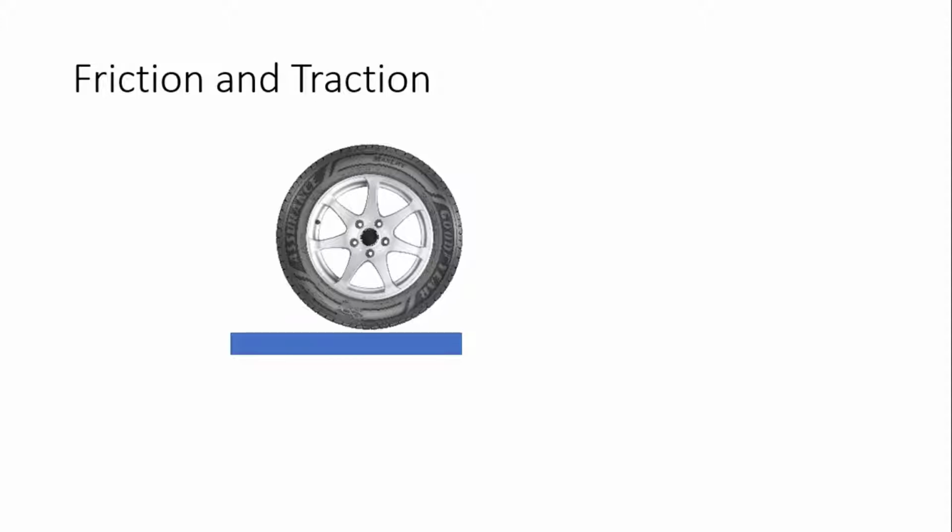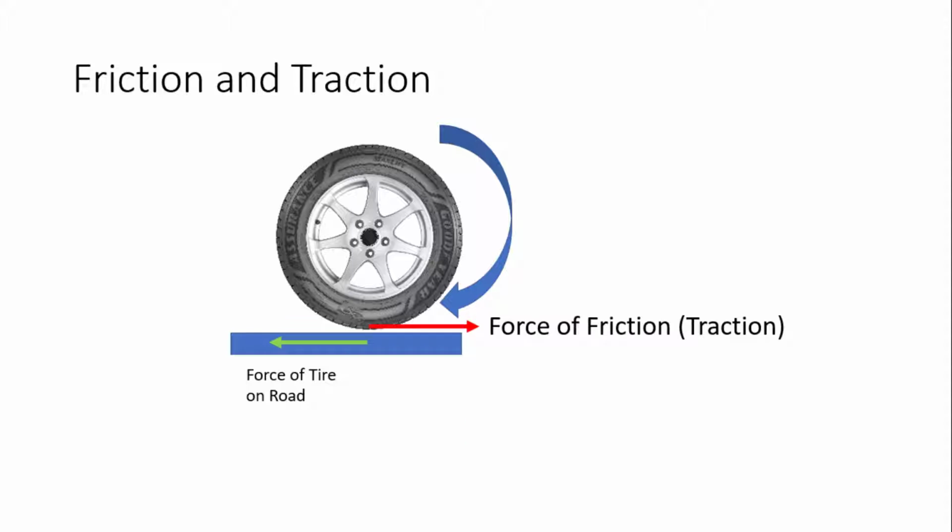Let's talk about friction and driving. So when we drive, the wheel spins around. Let's say it's spinning clockwise. Well, when it spins clockwise, it comes in contact with the road, and it exerts a force of the tire on the road. Well, because of Newton's third law, every action has an equal and opposite reaction, the road pushes back.